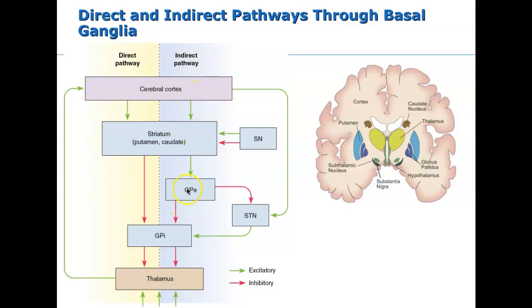The indirect pathway differs because it has an additional input from the substantia nigra. Those are the dark colored neurons here, and this we really won't talk about so much, the subthalamic nucleus that provides additional input into the globus pallidus.